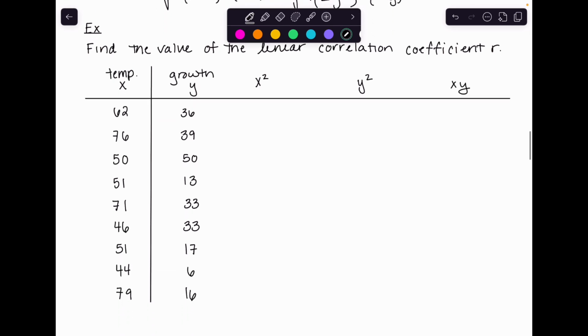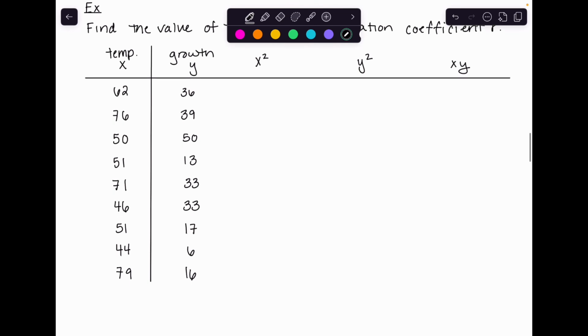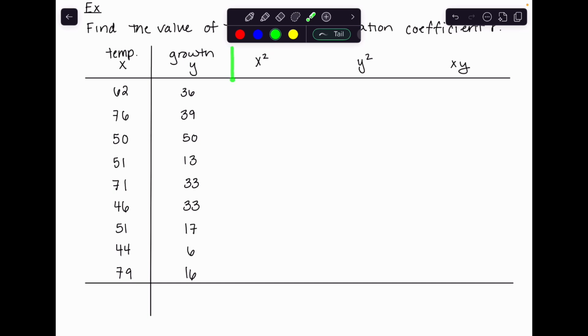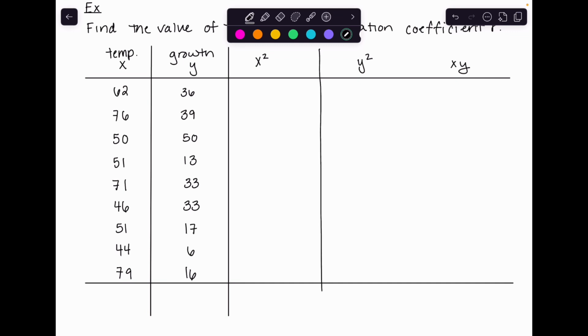So what I like to do is make a giant table and find each of these things, and then afterwards I'm going to sum it up. So we'll find all of the values to begin with, and then we'll find the sums after.